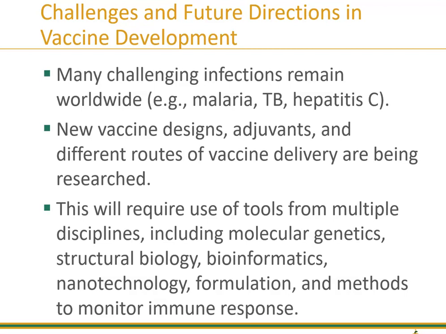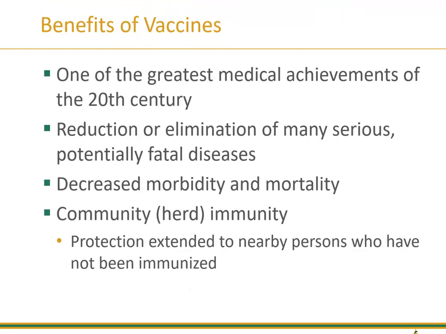So all these types of vaccinations, this is where we're talking about molecular genetics, the different types of structural biology out there, using bioinformatics to figure out what we need and how to determine what type of vaccine needs to be done. And then we have to be able to monitor the immune response to see what's working and what's not working. So vaccines are very beneficial.